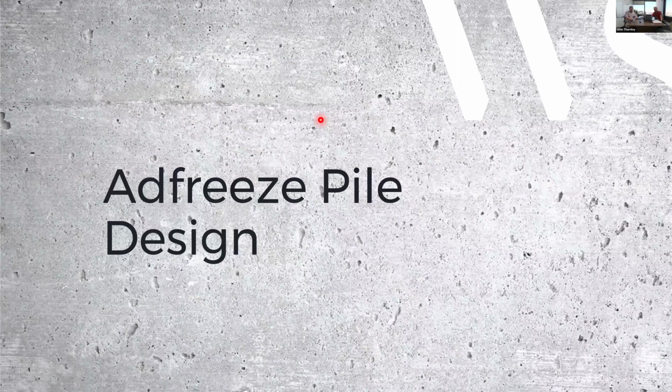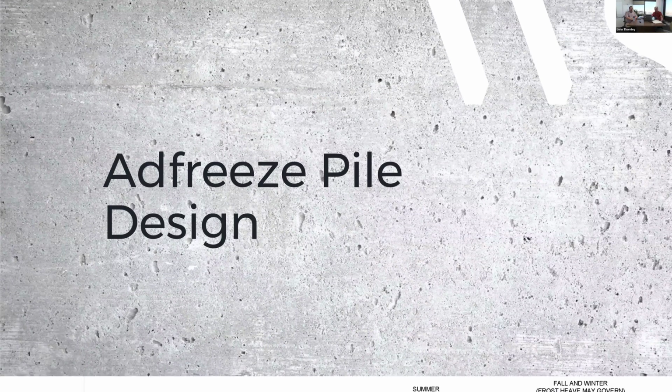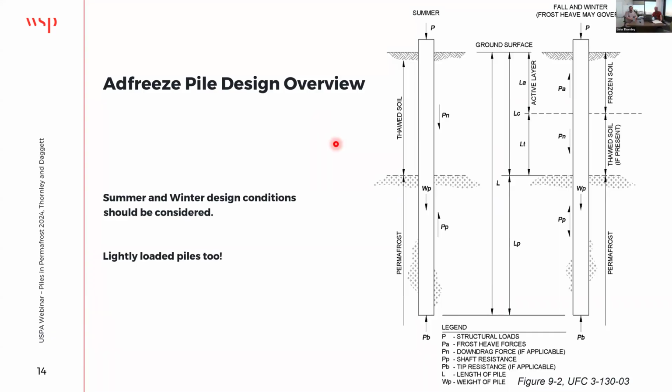So now we're going to get into the adfreeze pile design. I just wanted to talk about a few important aspects of adfreeze pile design, and that's the summer and winter design conditions for piles.